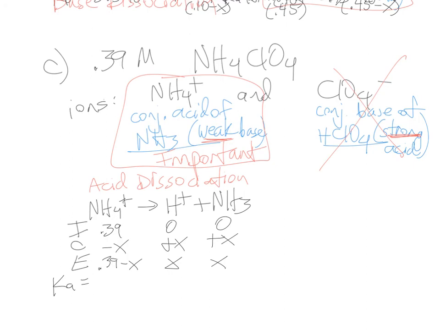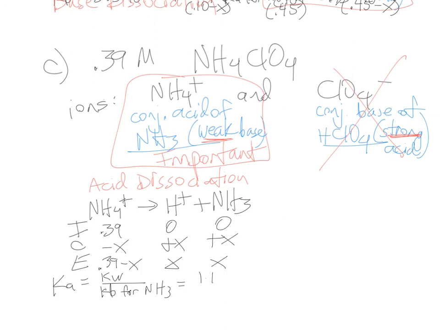Actually, you could look this one up in the Ka values in table 14.2. But let's say you couldn't. If you couldn't, you would have to calculate it from Kw. And for any conjugate acid-base pair, Ka times Kb equals Kw. So Ka could be found by taking Kw divided by Kb for the conjugate.